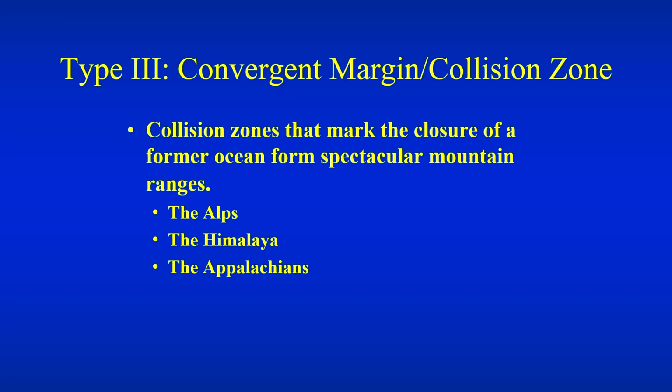Marine rocks or deposits are the testimony that there was an ocean before, or we can say ahead of the continental plate. The examples are the Alps, the Himalayas, and the Appalachians. These are the three best examples on this planet which talk about convergent margins and collision margins.